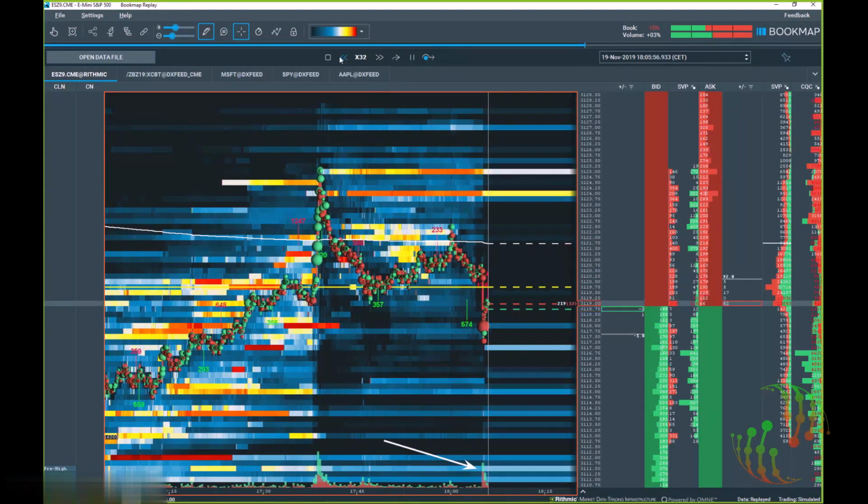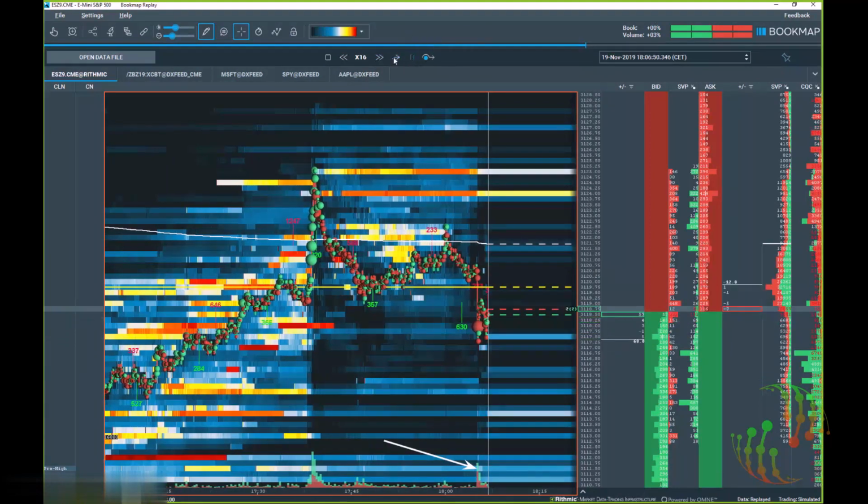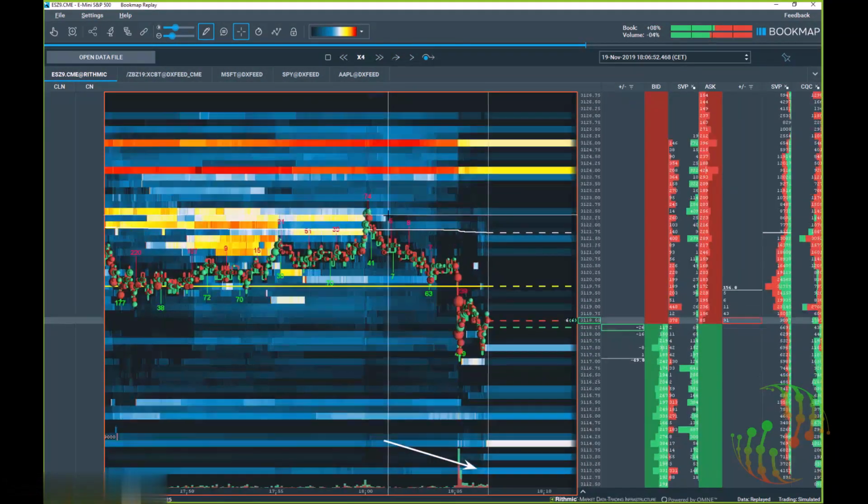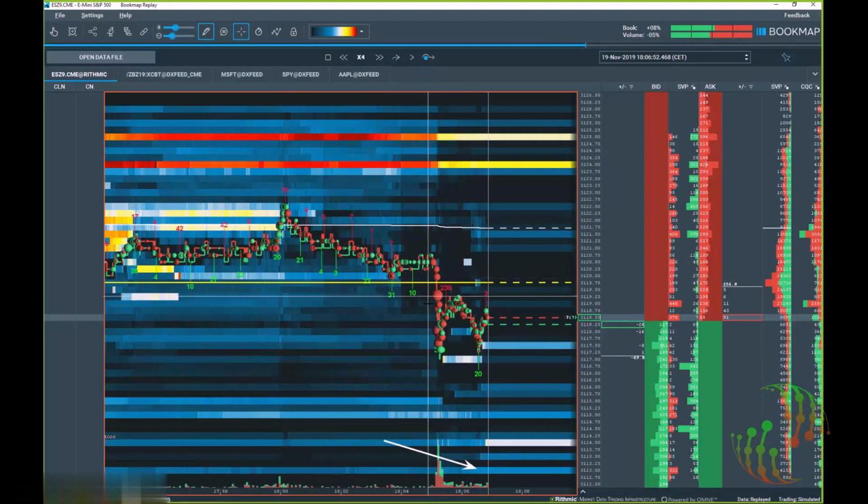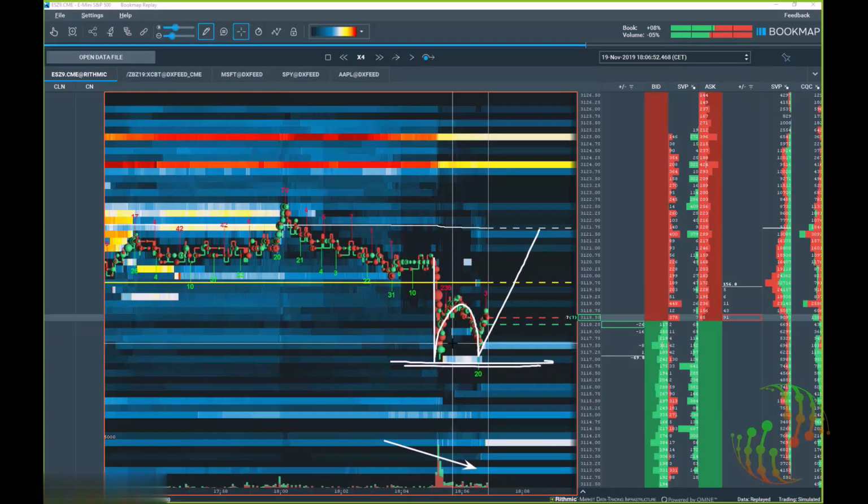And this one, as we discussed earlier, was a picture book trade. That's what we want to see. Sweep. And a retest. Very clear entry here.